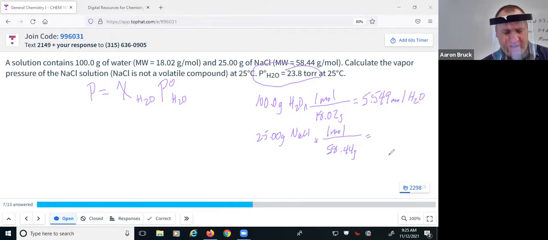So 25 divided by 58.44 is, to 4 significant figures again, 0.4278.